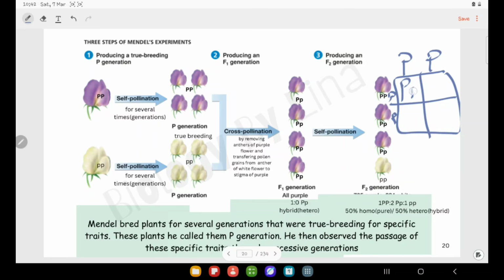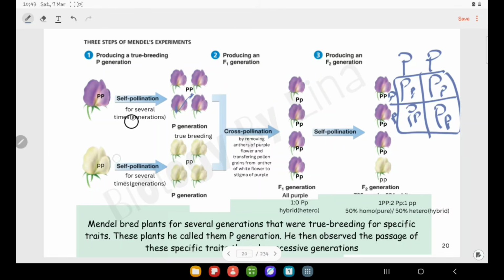So when you cross them, all of the offspring will be P capital P small, or heterozygous, or we can say hybrid. The F1 generation is produced by cross-pollination of the parents, the P generation. Can we say they are produced from parents with two contrasting traits or two similar traits? It's two contrasting traits, because one of them is purple and one of them is white.